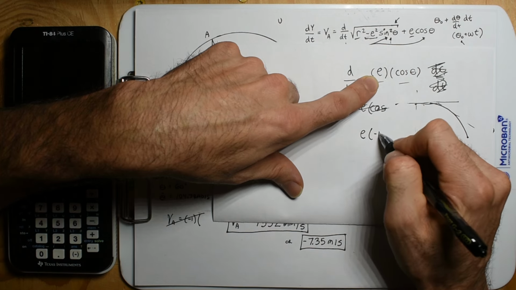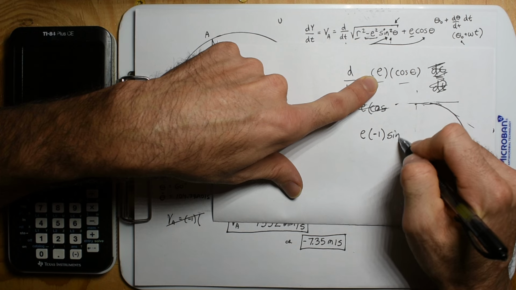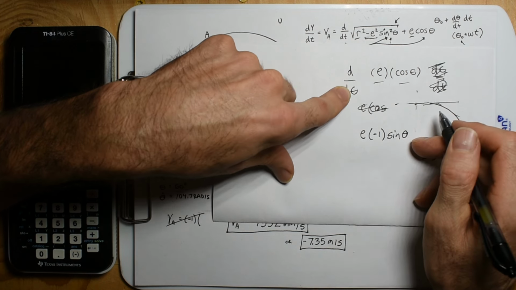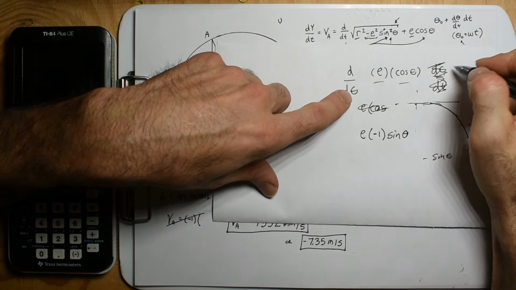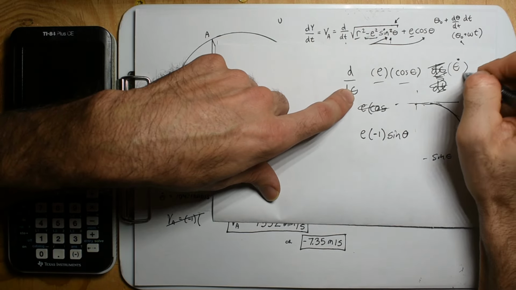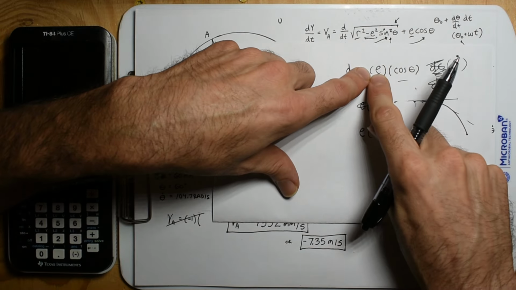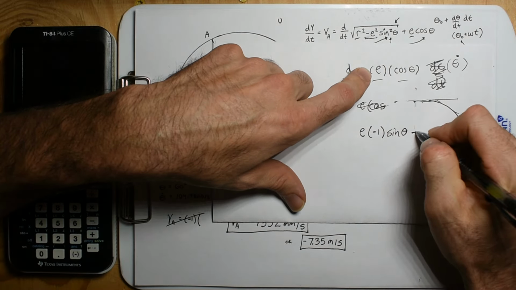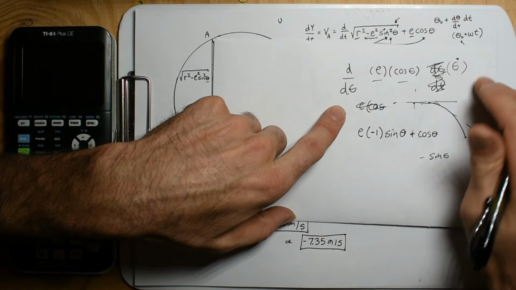So I do it like this, -1, just to keep track of the negatives, and then I'm going to go sine theta. Cool. And if we were doing the whole thing, we would put that theta dot next to it. But that's the first times the derivative of the second. Now we go plus the second, cosine theta, times the derivative of e.